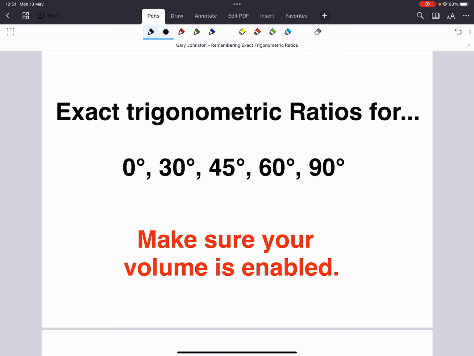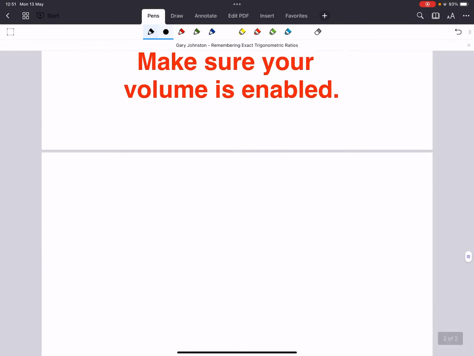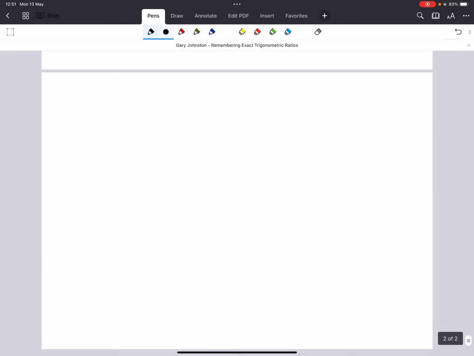So in the hope that you've now got a pen and a piece of paper, I'll move on to a blank page and I'll show you how you can create a table that can be quite useful. The first thing I want you to do is, on the left hand side, write the word ratio.